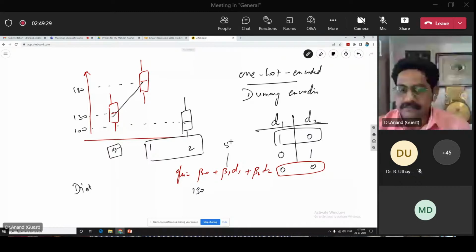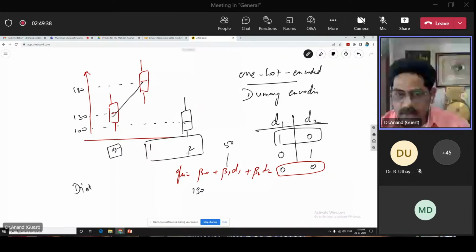So how do you represent diet plan 2? Diet plan 2 is represented as 0, 1. When you substitute 0 and 1, the beta 1 term will vanish, since 50 times 0 vanishes. So what value of beta will take 130 to 100? A negative slope of minus 30 will make the intercept 100. So my model parameters are 130, plus 50, and minus 30 as the slopes. It will work for all 3 combinations.